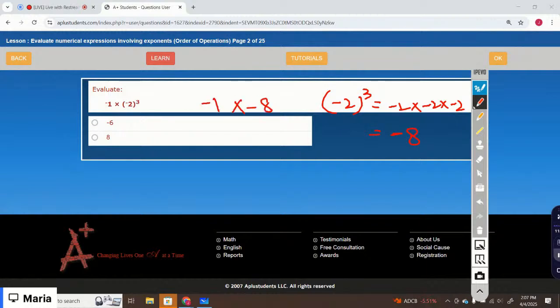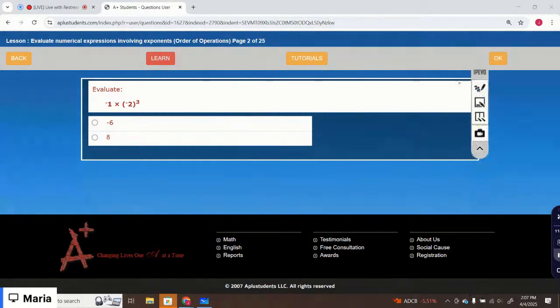Multiplying two negative numbers means the answer is always positive. So option number 2 is the correct option. That is 8.